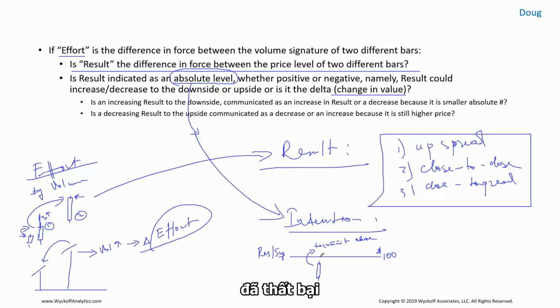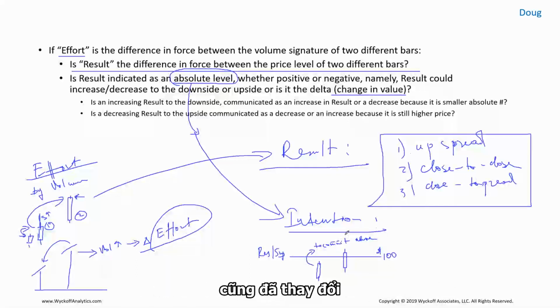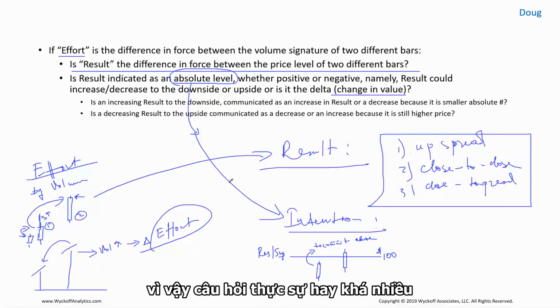This means that the intention has failed. If the price does commit above and closes above 100, then in absolute terms, yeah, the result has changed as well. So really good question, quite a few distinctions right there.